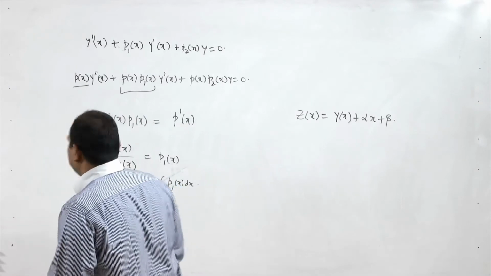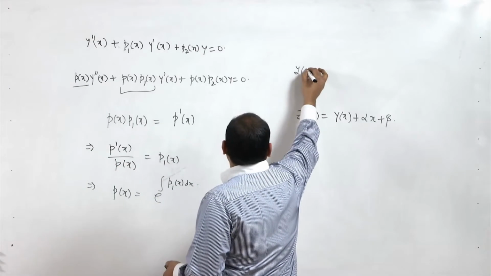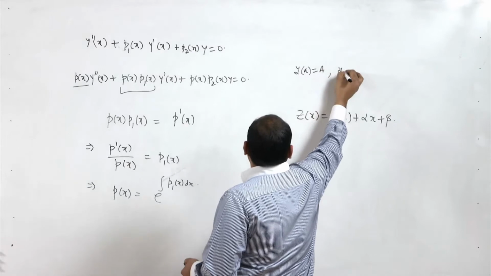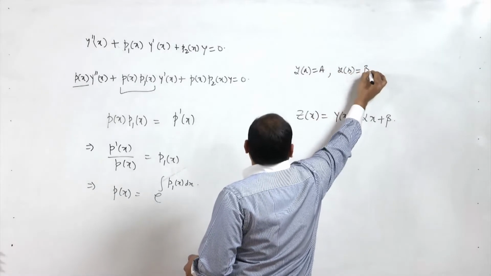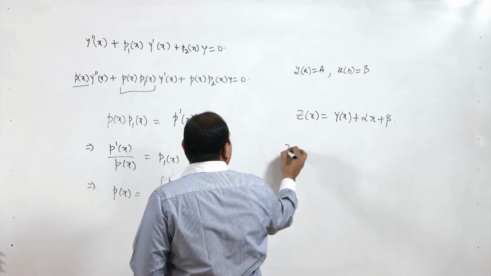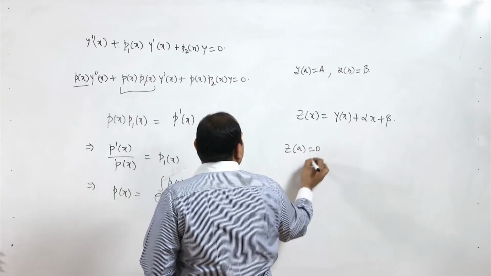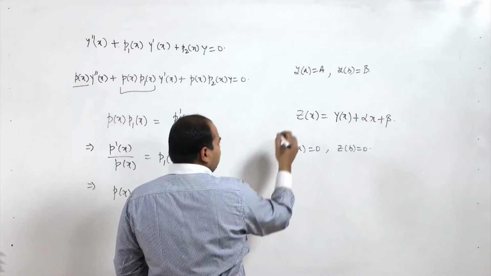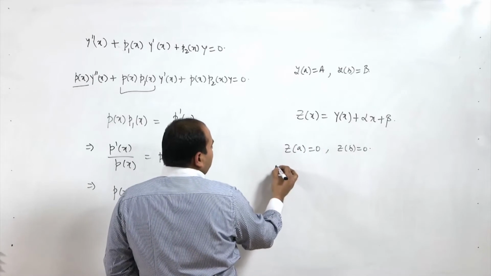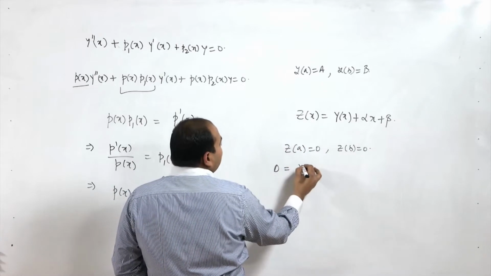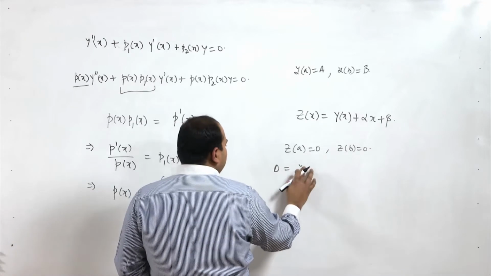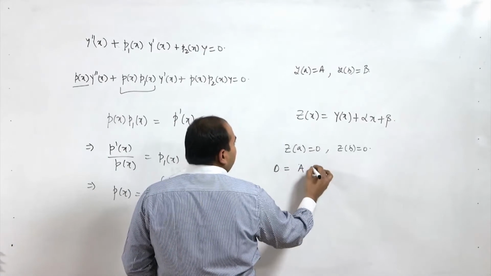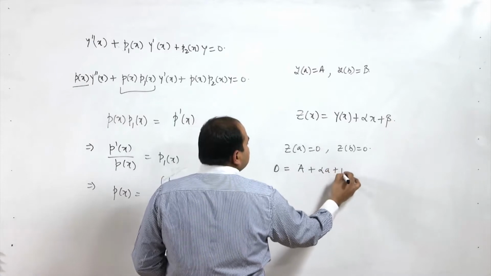If you look at the conditions, y(a) equals capital A and y(b) equals capital B. What we want is z(a) = 0 and z(b) = 0. So 0 equals y(a), which is capital A, plus alpha a plus beta.